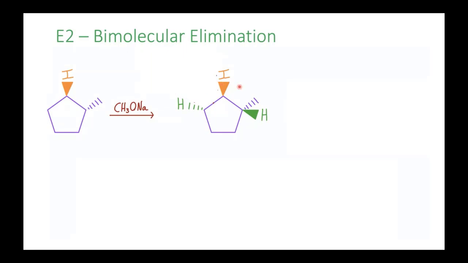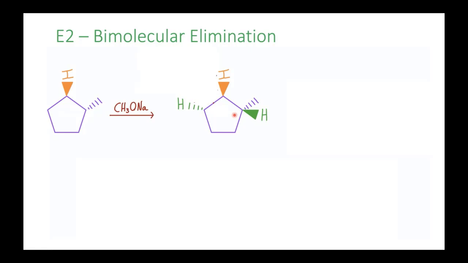I'm going to show more about the anti-coplanar on our next slide. But for this, we are locked in our positions, so there's no rotation possible. So it really only matters whether it's a wedge or a dash, and know that wedges and dashes are 180 degrees apart for our consideration.